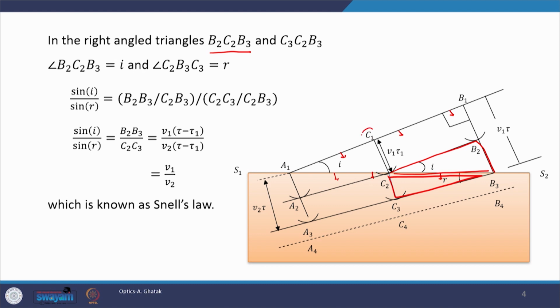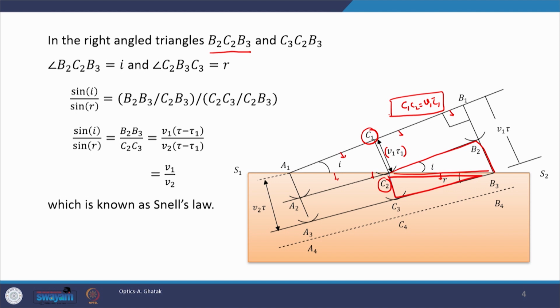We picked some random point C1 on the incoming wavefront, and we assume that it took time tau 1 to reach point C2, and therefore C1 C2 would be equal to V1 into tau 1.